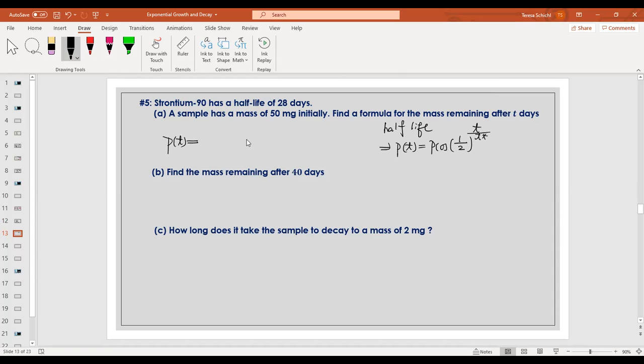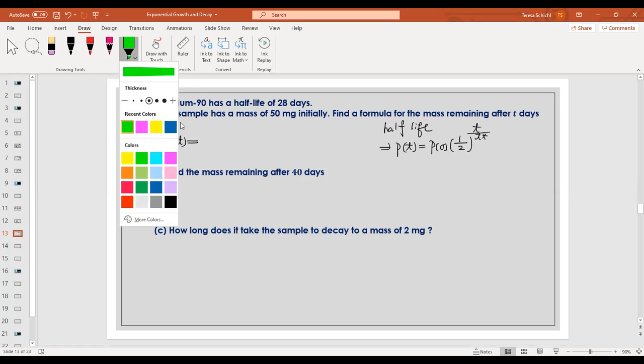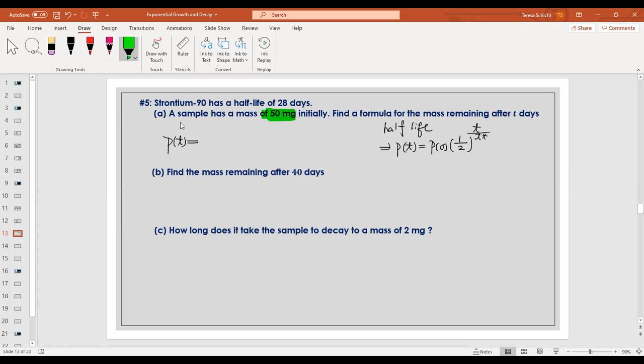So what is my initial here? The initial is 50 milligrams. And what is my t star? T star is how long it takes to get a half-life, which is 28 days here. So I will say this is 50, then 1/2, then t divided by 28, right? That's pretty easy.